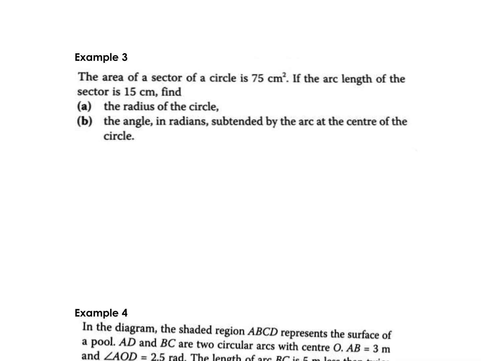Okay, next one. Area of sector of a circle, one slice. They say this one is 75 cm square, and the arc length is 15. Knowing this, I want to find the radius.